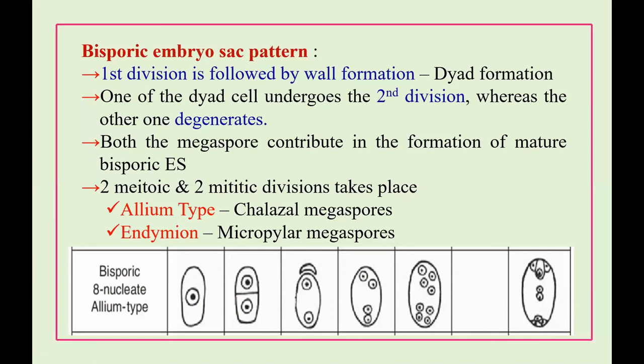If the chalazal megaspore in the dyad develops into the embryo sac, that is called the Allium type. Whereas if the megaspore present on the micropylar side develops into the embryo sac and the lower one disintegrates, this type of pattern is called the Endymion type.